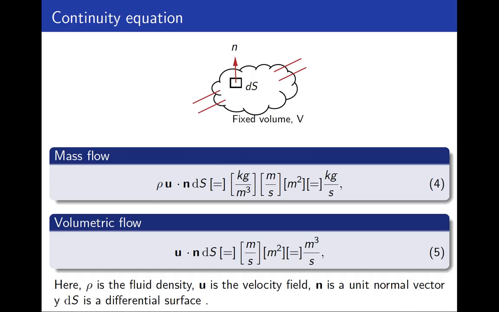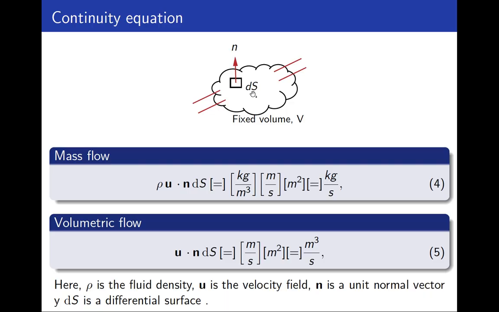So let's assume that we have a control volume, and over this volume, a mass of fluid can enter the volume, but it can also exit. So this volume is fixed. We also have a differential surface over here.